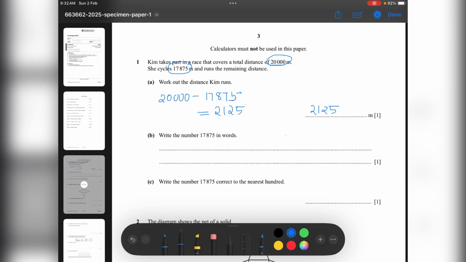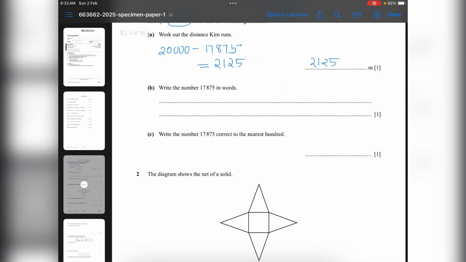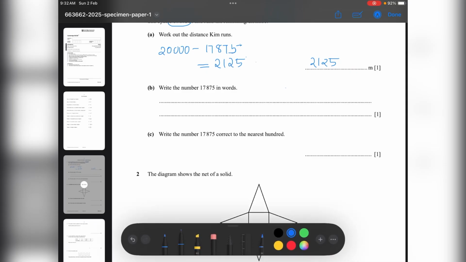Okay. Now we'll see the next one. That is, you have to write the number in words. Okay. So how will you write it? First of all, you should know this part. What are the place values here? Okay. So here, this is 17 in thousands. First we'll start with ones place, tens place, 100, 1,000 and 10,000.